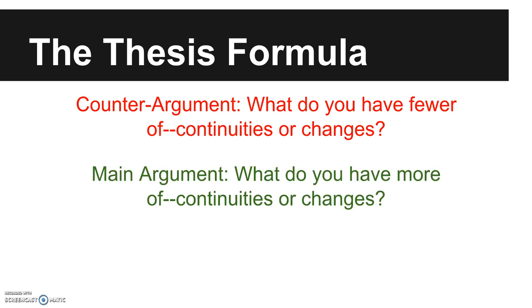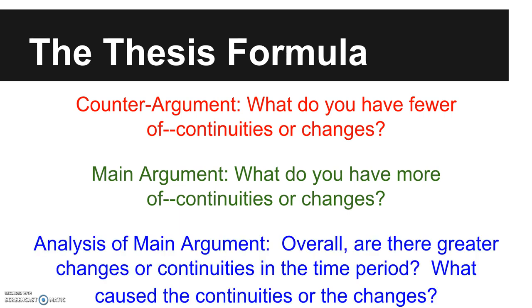Only in this case, you are determining whether you have greater evidentiary support for changes or for continuities within the given period. Whichever you have fewer of becomes your counterargument. Whichever you have the most support for becomes your argument. What follows then is an evaluation of the overall assessment of the time period and explanation for your historical claim.